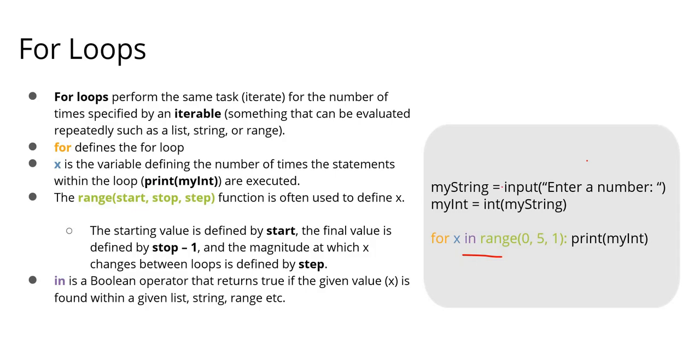The start value is defined by start, the final value is defined by stop minus 1, and the magnitude at which x changes between loops is defined by step. In this area, in is a Boolean operator that returns true if the value x is found within a given list, string, range, etc. So for the for loop, we are taking some examples. My_string is equal to input("Enter a number").